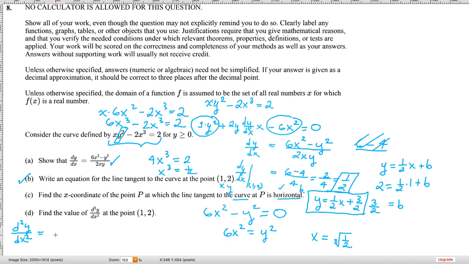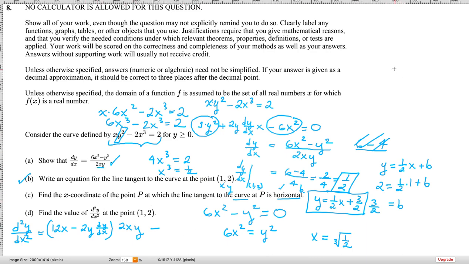So it's the derivative of the top, which is 12x minus 2y dy/dx, times the bottom, 2xy, minus the derivative of the bottom.